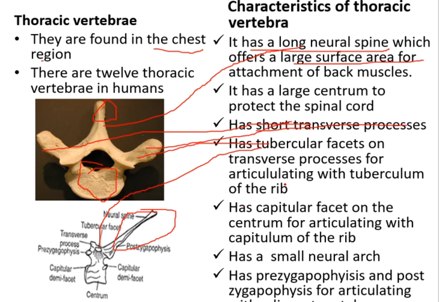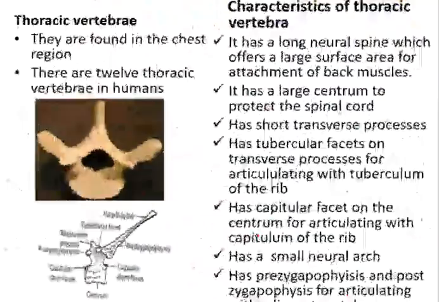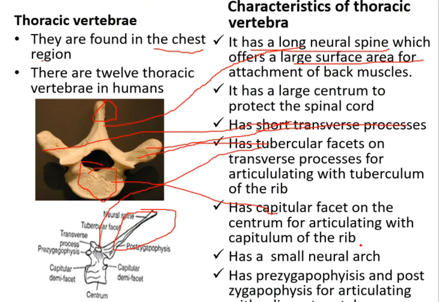Then the centrum here has capitular facets for articulation with the capitulum of the rib. Remember, the rib articulates with thoracic vertebrae at the back, and at the front articulates with the sternum.